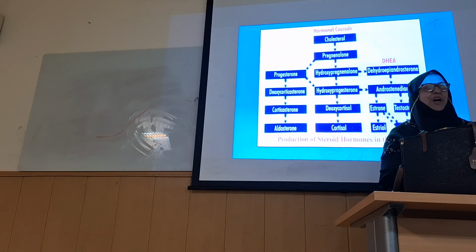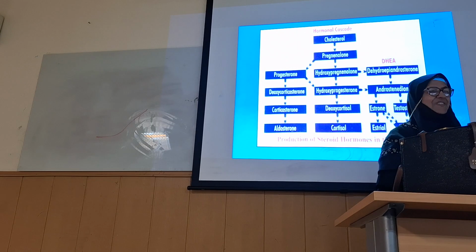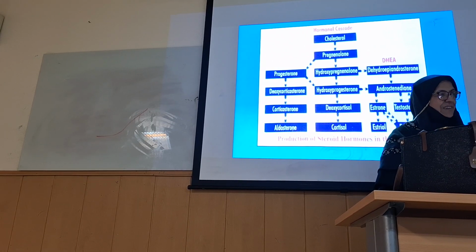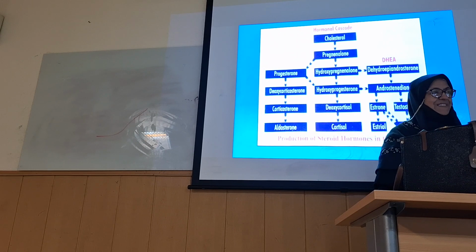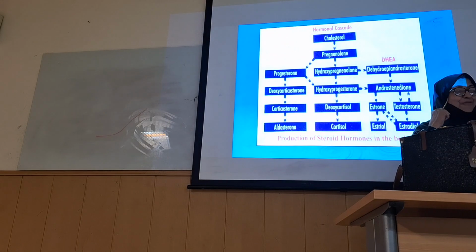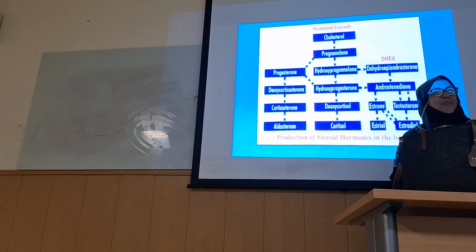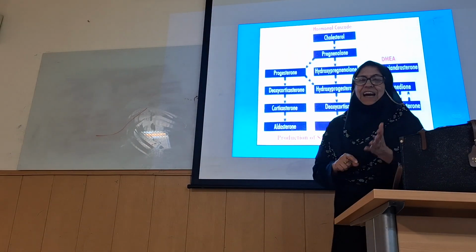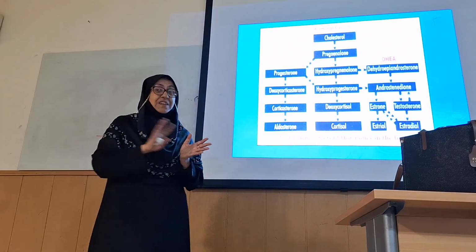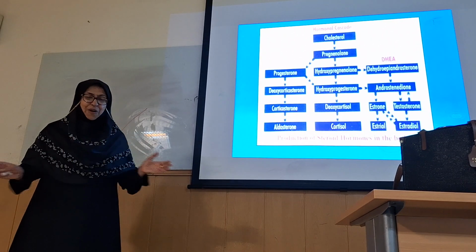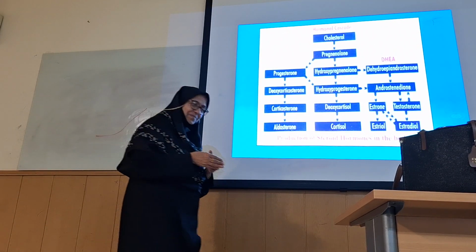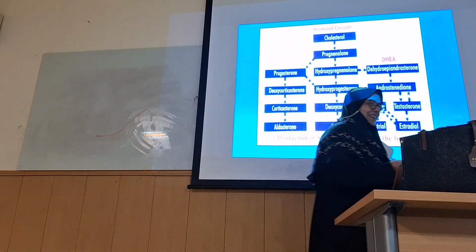We have two types of weak sex hormones, male and female. Weak female sex hormones are estrone and estriol. Weak male hormones are androstenedione and dehydroepiandrosterone, not testosterone. Testosterone is a strong male hormone and is released from the testes. Okay? I repeat for you.